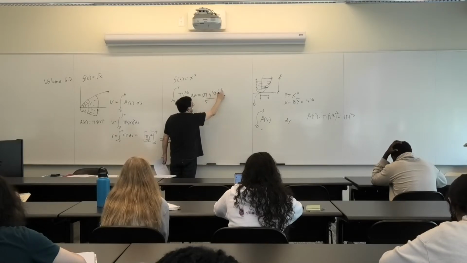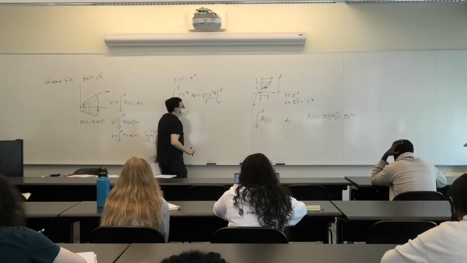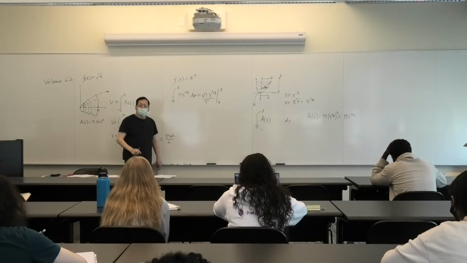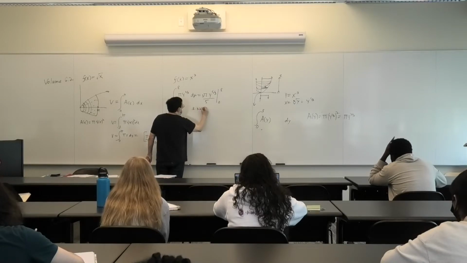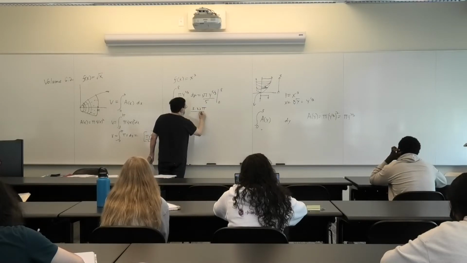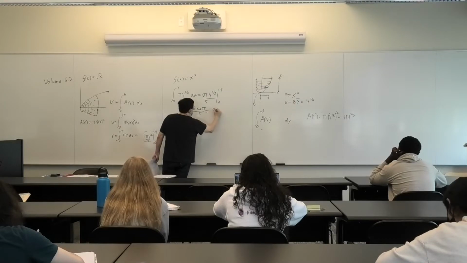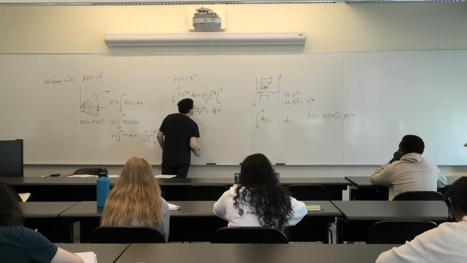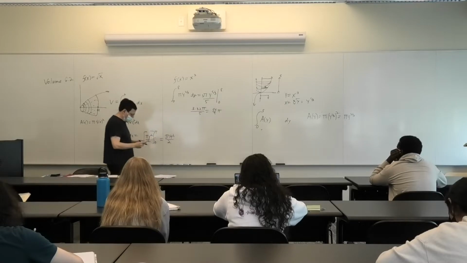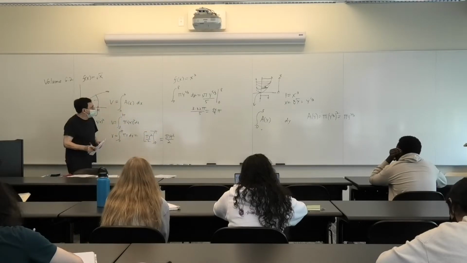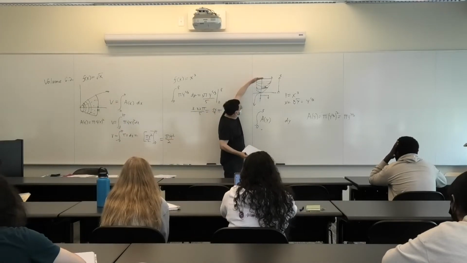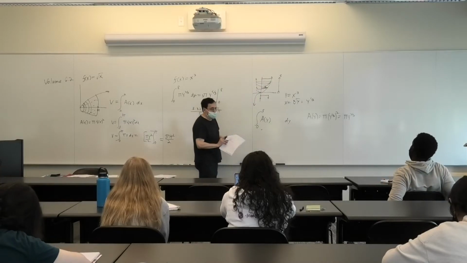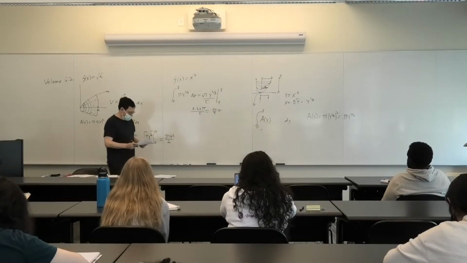Well, cube root of 8 is 2. 2 to the 5th is 32. So 3 times 32 over 5, or 96 over 5 pi. So the point here is just that if you need to, you can just integrate up along the y-axis if that's the way the problem is given.